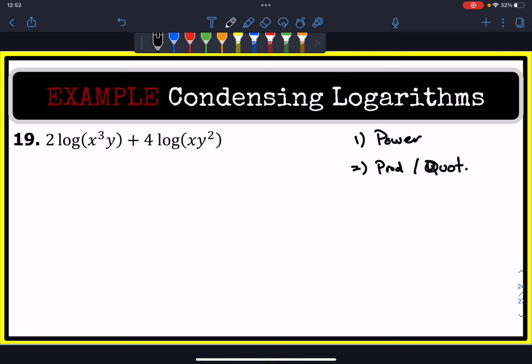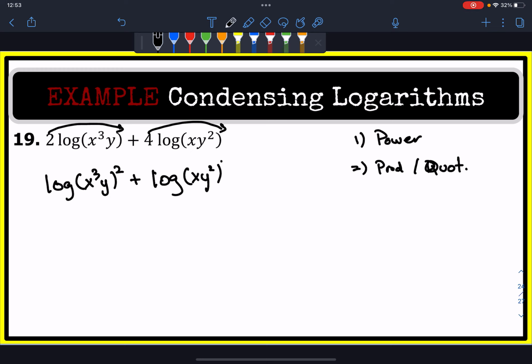So here, the power property will move this exponent there, and we have this.